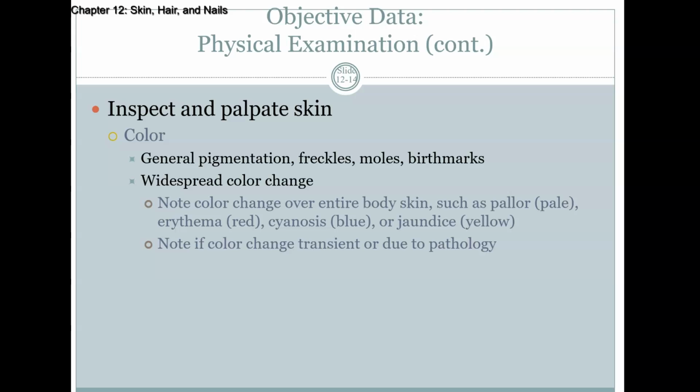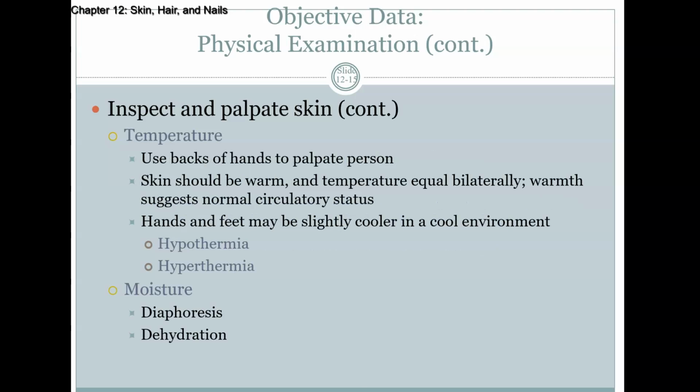Erythema, red, could be a sign of infection, but it could also mean the person is blushing. Cyanosis, blue, means lack of oxygen, and jaundice is yellow. So note whether a color change is transient and goes away, or whether it's possibly related to some type of pathology, which means something's going wrong.